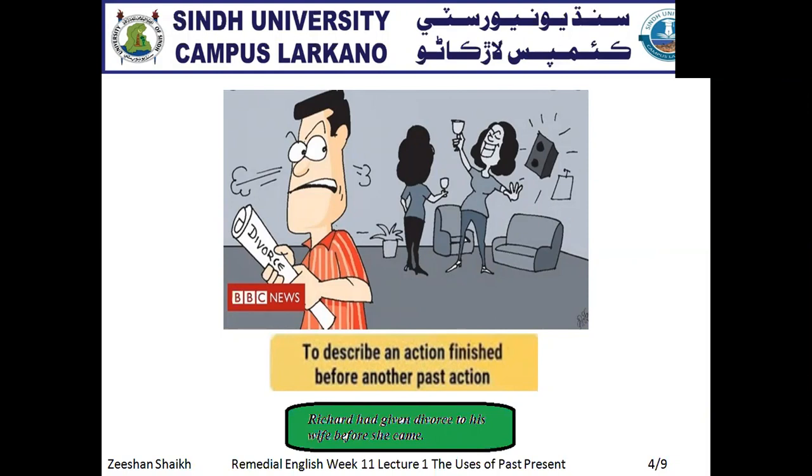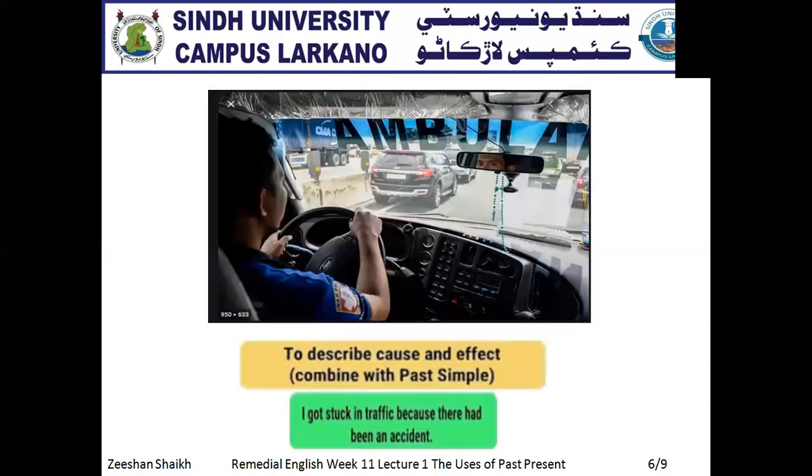This action, this sentence, was completed before his wife came. Clear? So whenever we have two past sentences, the sentence which comes first would be your past perfect, and the second sentence would be your past simple.